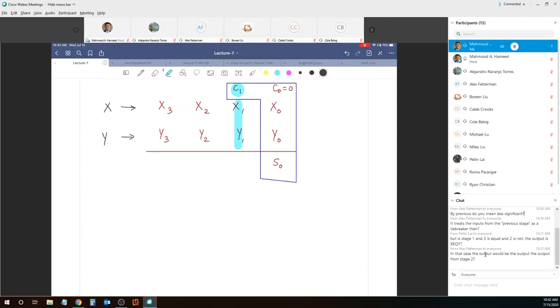And similarly, X1 plus Y1 plus C1 will give me S1 and C2. That will be my next stage. I cannot add X2 to Y2 until I have C2 ready, which comes from the addition of the previous stage.